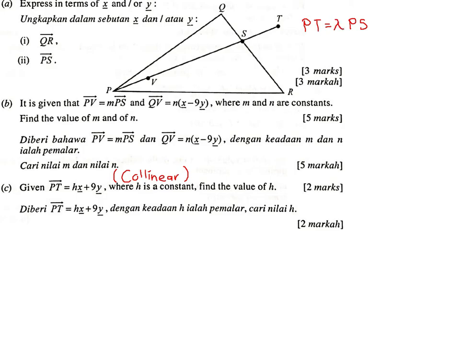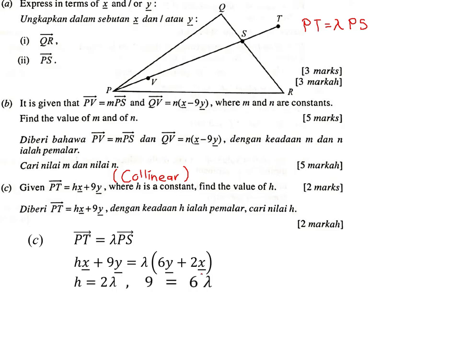So the lambda can be in front, it can be at the back. Okay, so now our first step, we will compare. PT will be hx plus 9y based on the question. PS is 6y plus 2x based on what we obtained just now. And then we can compare with lambda. h equals to 2 lambda and then 9 equals to 6 lambda.